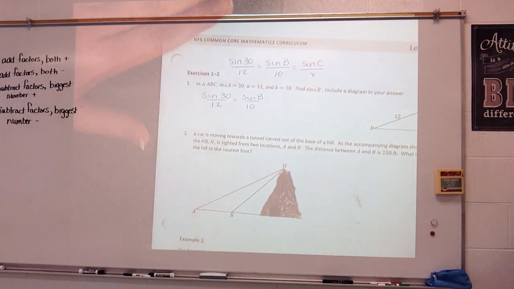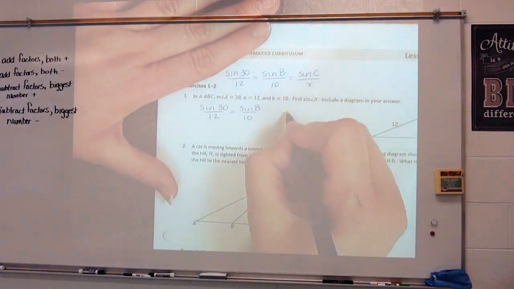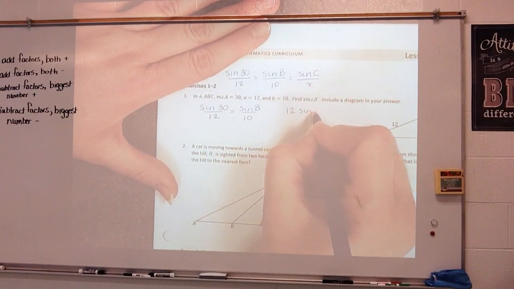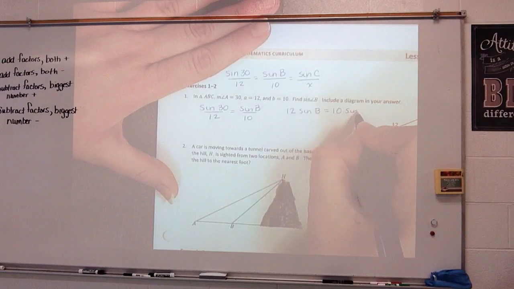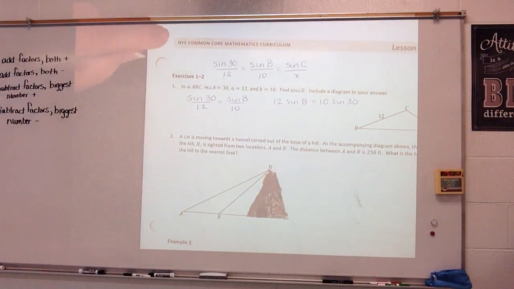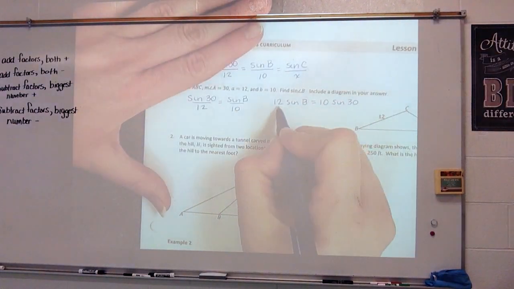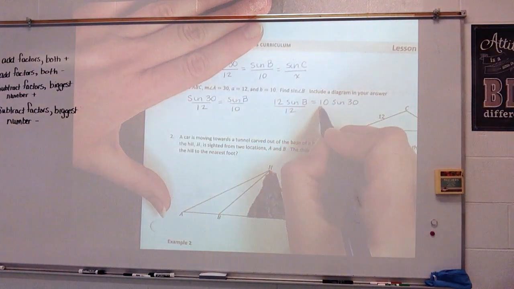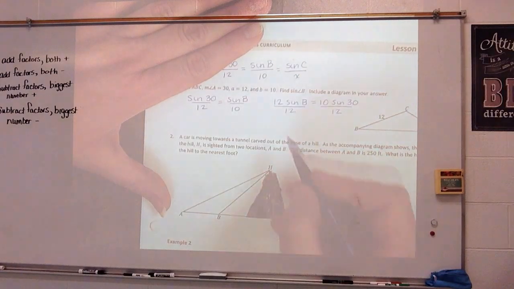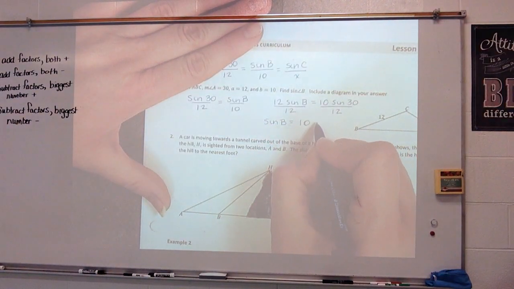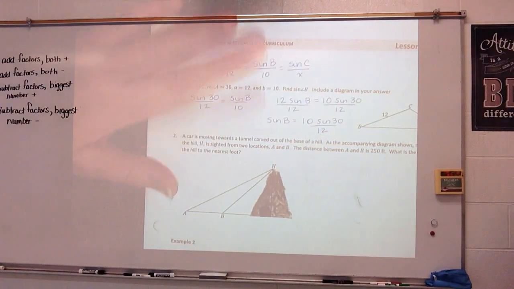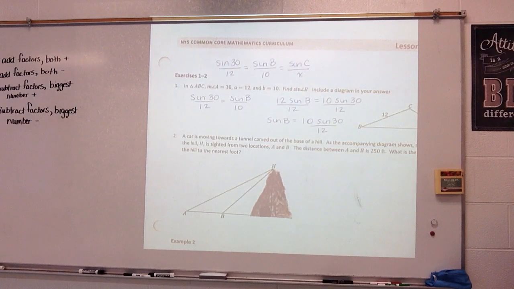Alright? Cross multiply. I get 12 sine of B is equal to 10 sine of 30. I am trying to find the sine of B, so I'm going to divide by 12. So I get the sine of B is equal to 10 sine of 30 over 12. Alright, so we enter this into our calculator.